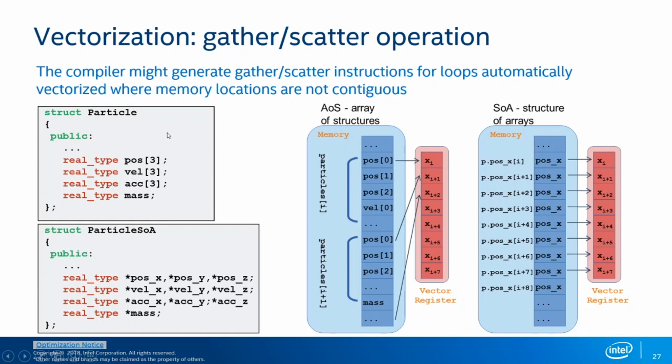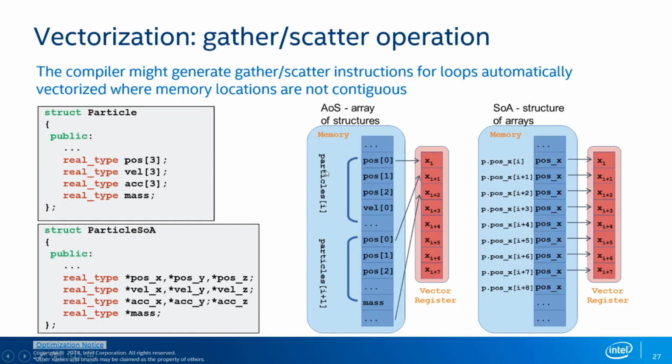Whenever we create an array of particles, it's a very natural way for someone to implement something like this. Whenever we implement particle this way, we'll see that the way this is laid out in memory is that our positions, for example, are going to be contiguous in memory, but the positions for the next particle over are going to be strided.